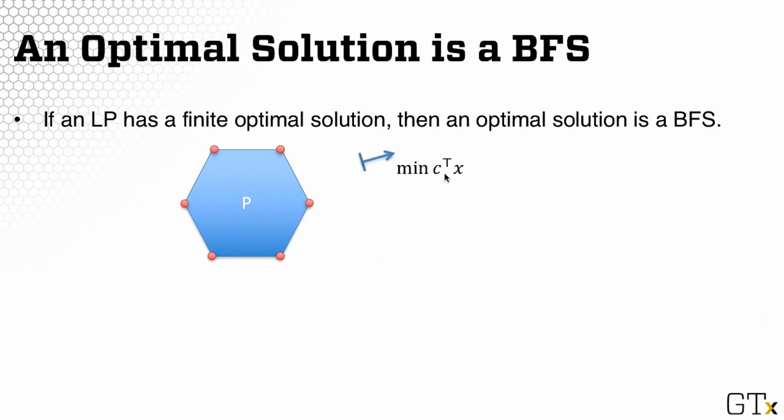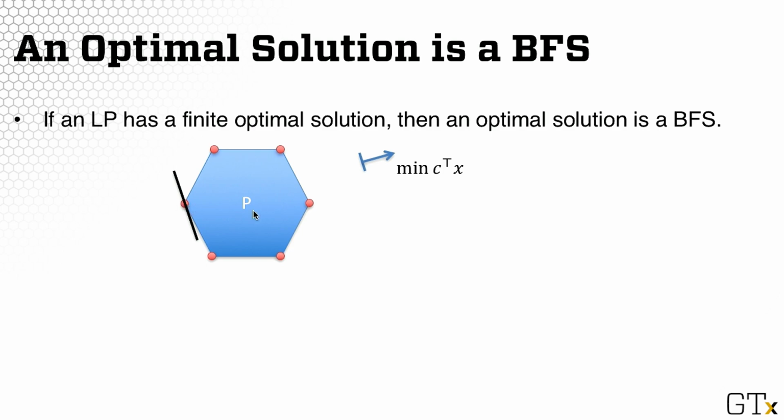And if I minimize C transpose X in this direction, so along this direction, C transpose X increases. So to minimize, I need to go in the negative of that direction. So if I go along that direction, I'll hit this basic feasible solution right here. So that is the optimal solution.